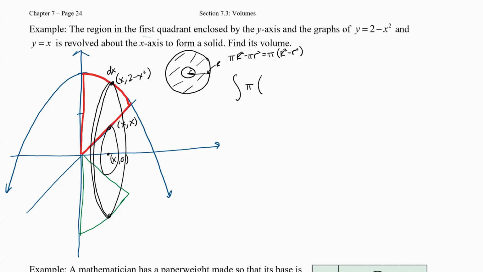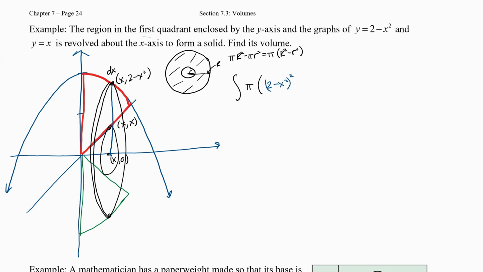My big R is this distance from the big outside to the center. That distance from the high y value to the low value is 2 minus x squared.